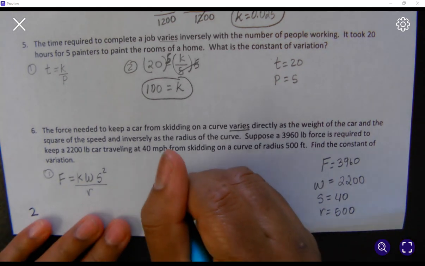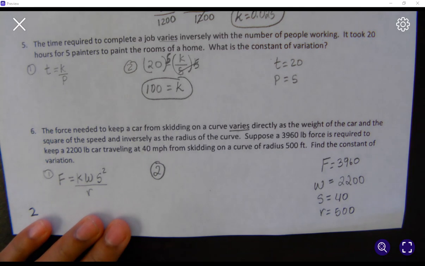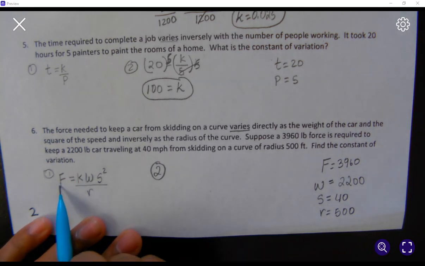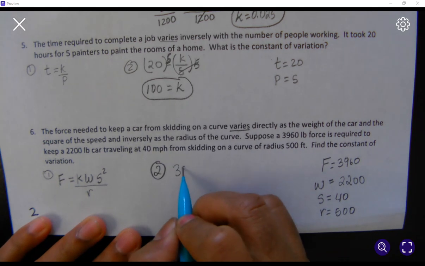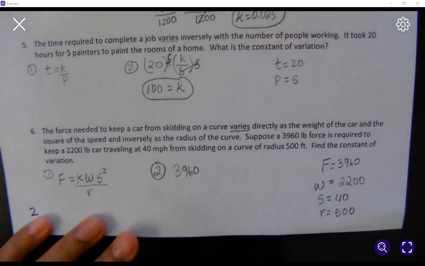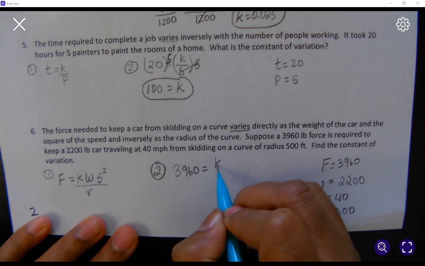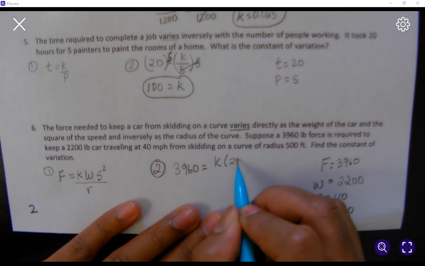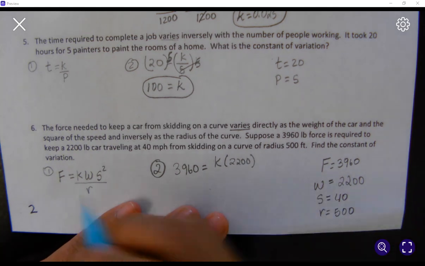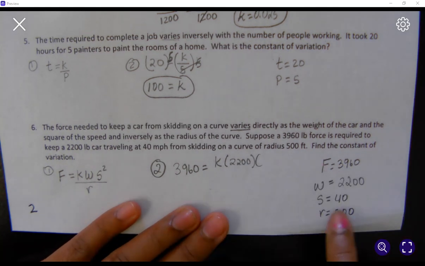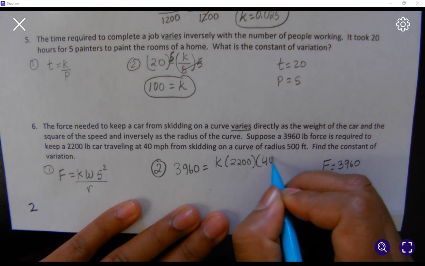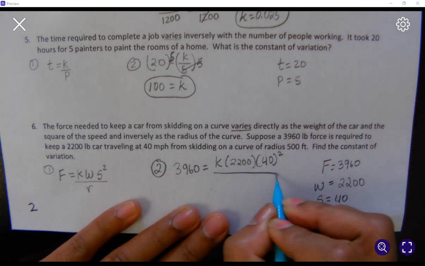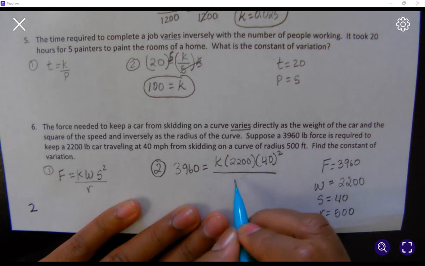Okay, so now we have to find what K is equal to. So we need to put all of these numbers in here. All right, if my force is equal to 3,960, that is equal to K, and then W, my weight is 2,200 times my speed is 40, and my speed is being squared, all over my radius R, which is 500.